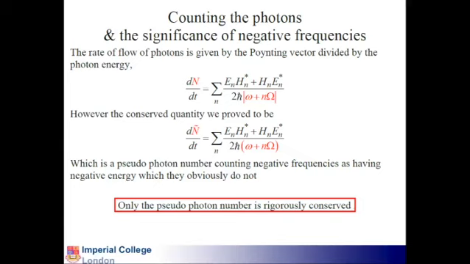That's what's rigorously conserved. But that isn't the true photon number, because negative frequency photons have positive energy. We can't get around that. Even if I gave you a photon with a negative frequency, your counter would say, yes, that's a positive energy. So you have to adopt this formula here.